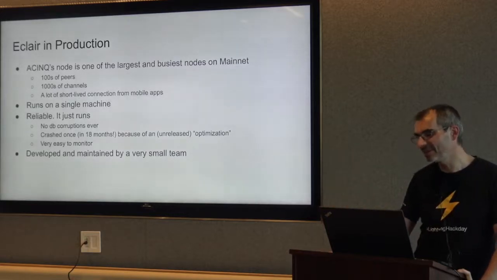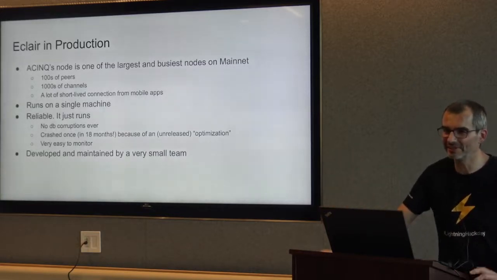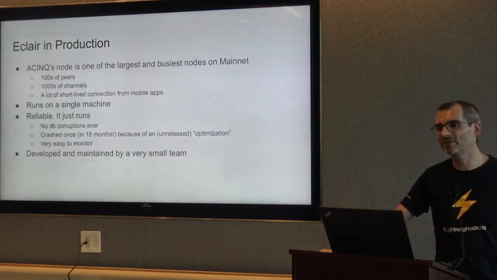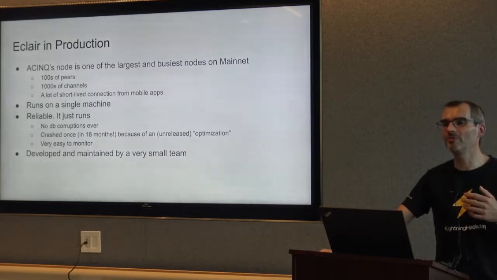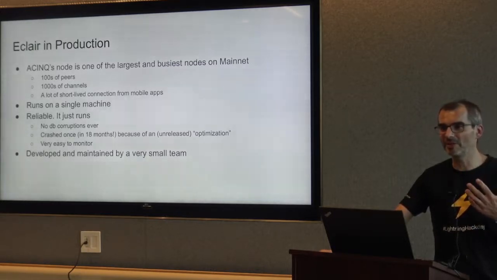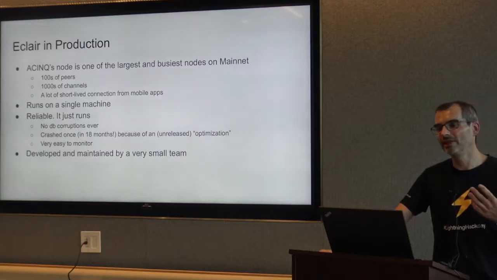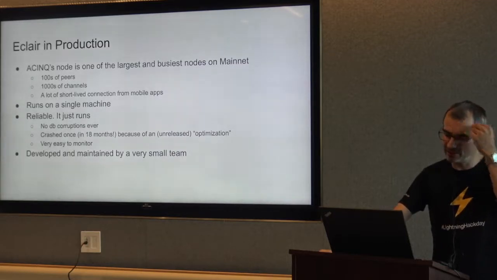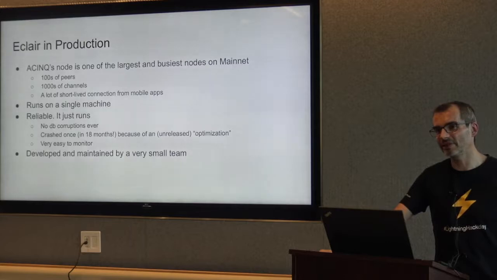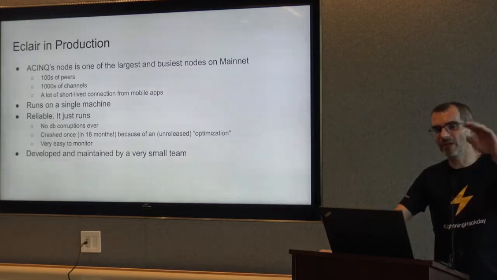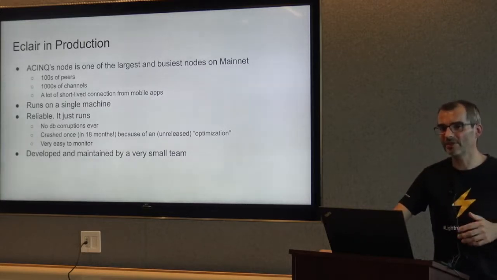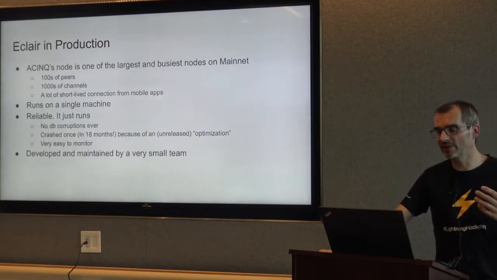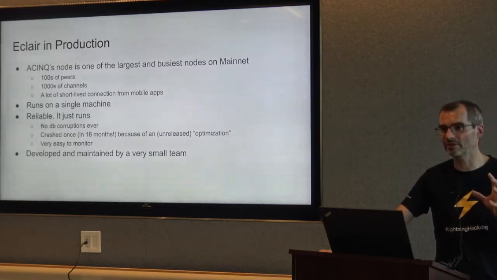That was true until, I think, 4 weeks ago, when we started to optimize things. We never optimized anything before; we implemented things as simply as we could. And a few weeks ago we started to see that, okay, the garbage collection pattern was not too nice. The CPU usage was not too nice. Again, it happens when you have really lots of peers, lots of channels, and lots of payments.